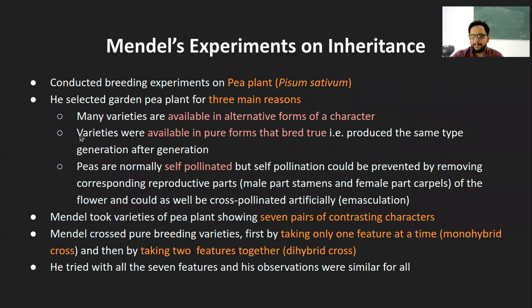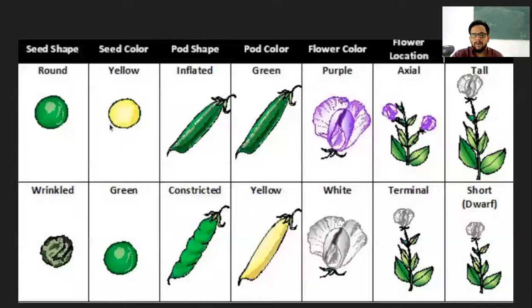Second reason, the varieties were available in the pure form that bred true. Now, what does a pure form mean? Pure form means both the alleles in a particular individual plant were of the same nature. For example, I will again go back to this chart.